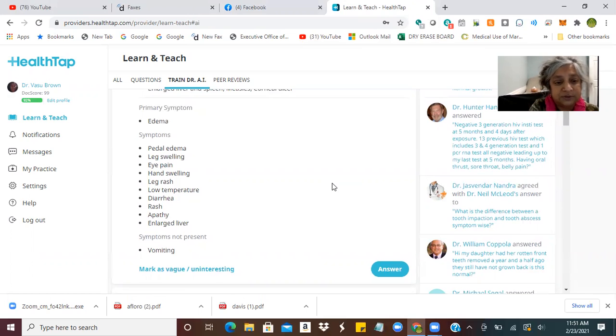And symptoms include fetal edema, eye pain, hand swelling, leg rash, low temperature, diarrhea, rash, apathy, meaning like not very responsive, enlarged liver. So this baby has symptoms of liver failure, whether it's acute or chronic, we don't know.